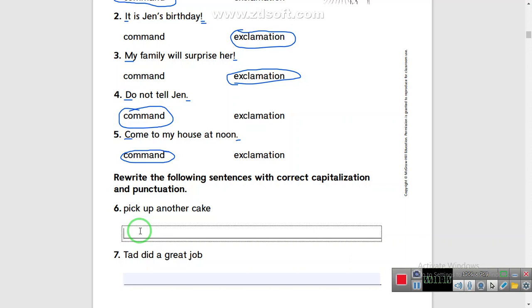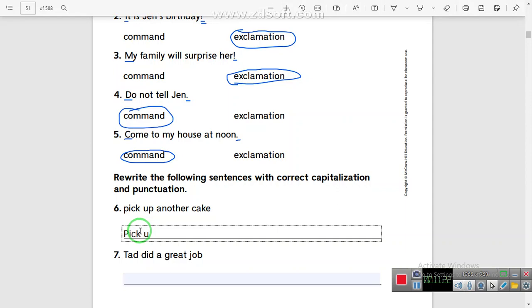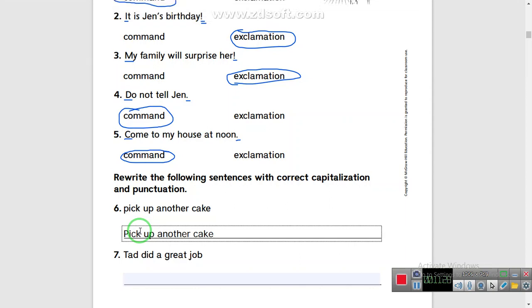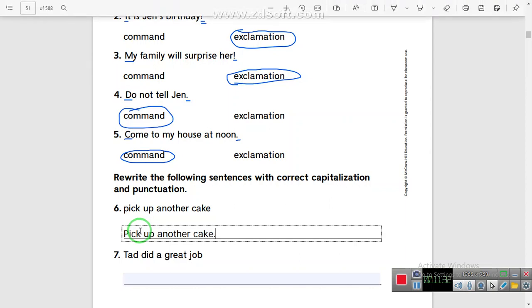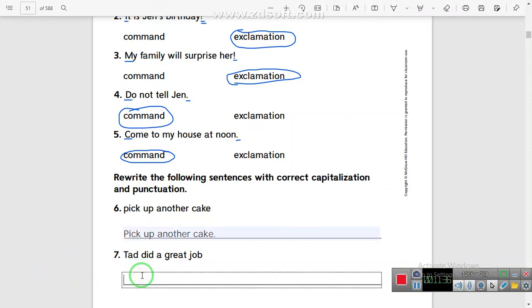So it's asking someone to do something, right? It's a command, and a command always starts with a capital letter, so we write a capital P. Pick up another cake. And as we can remember, the command ends with a point. Don't forget to write the point at the end.